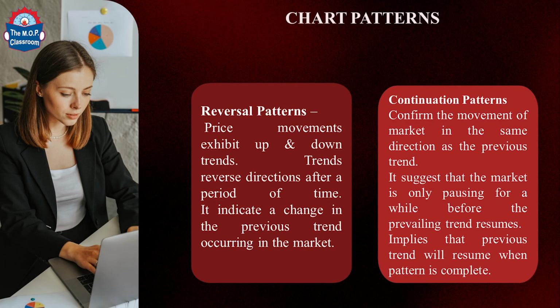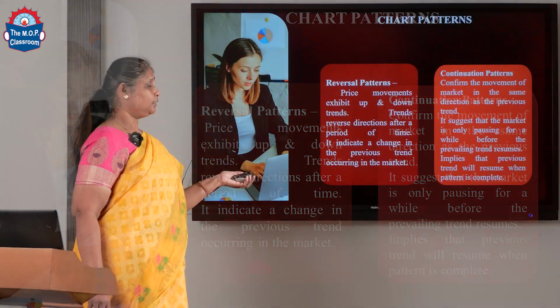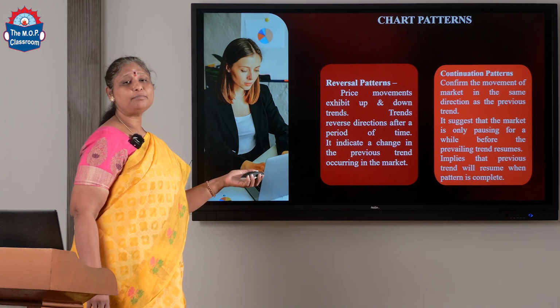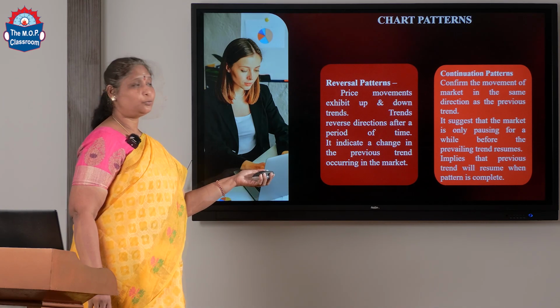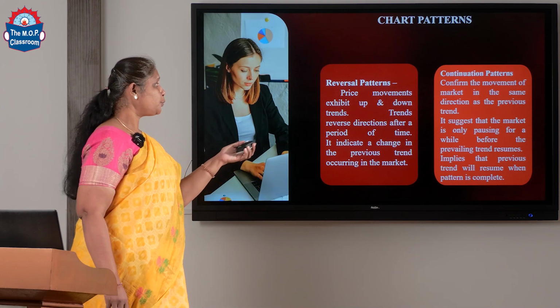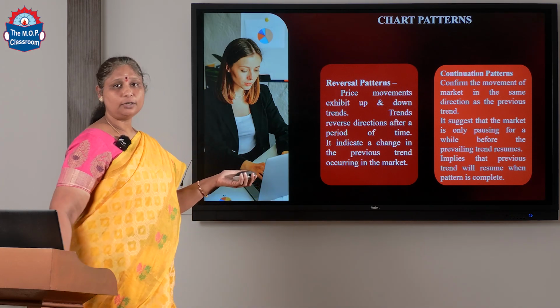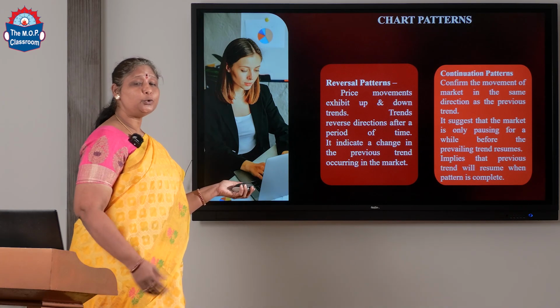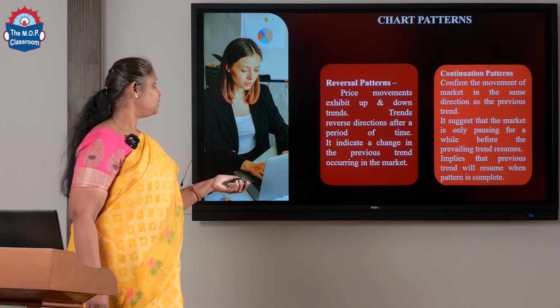Whereas a continuous pattern confirms the movement of the market, and it suggests that the market is pausing for a while and the same trend is likely to continue after a period of time. This is what we call a continuous pattern. When we have reversal and continuous patterns, we come up with different styles of charts.